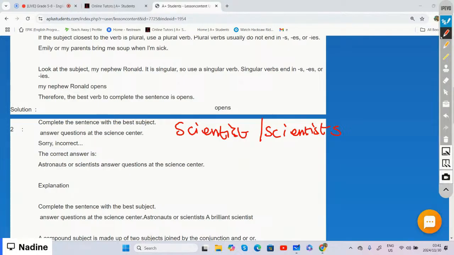So do we say the scientist or scientists? All right, then if we were to choose the correct one, then yes, scientists with an S answer questions at the science center.